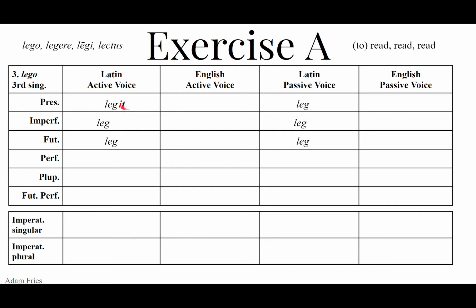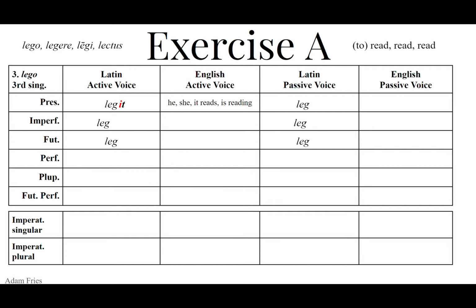We're going to translate this as he, she, it reads. He, she, it is reading. Now I realize that lego, legere, legi, lectus means to choose, to gather, to collect. But most of the time when you see it, it does mean to read.